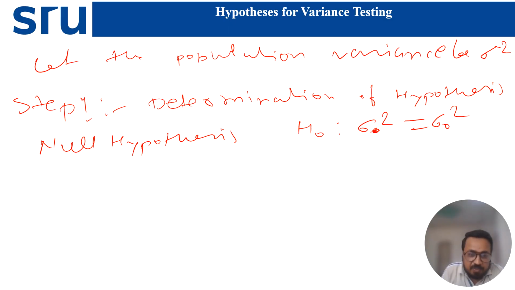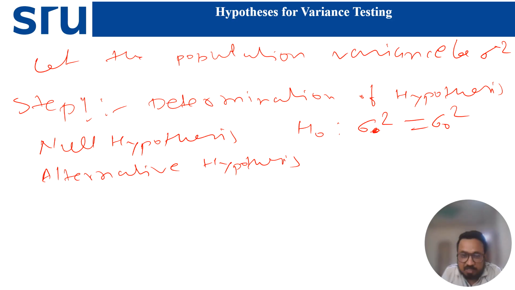And then we will decide the alternative hypothesis, depending on the situation. We have already discussed one-tail and two-tail tests in the previous video.